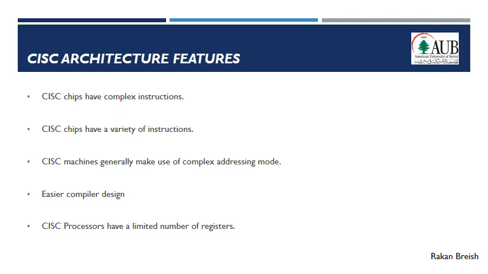Fourth, CISC has easier compiler designs because the complex instruction set and smaller assembly code mean little work for the compiler, which leads to an easy compiler design. Finally, CISC processors have a limited number of registers, and that is because CISC's addressing modes use memory operands.